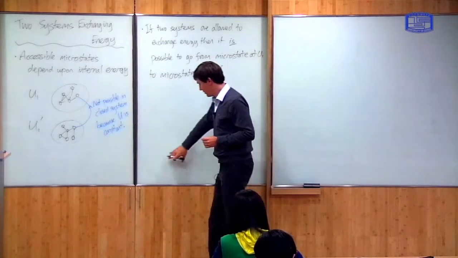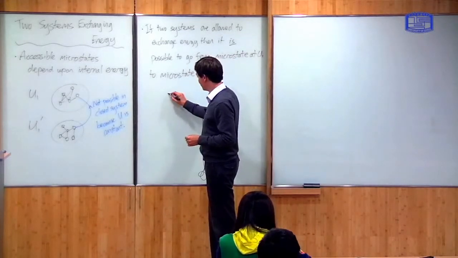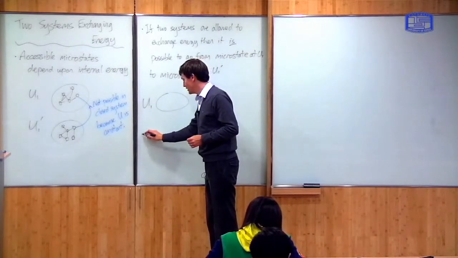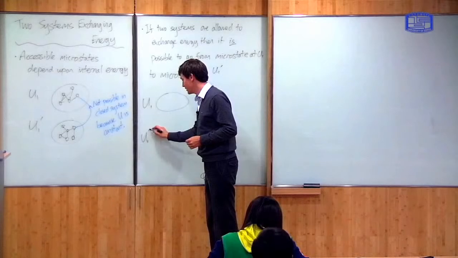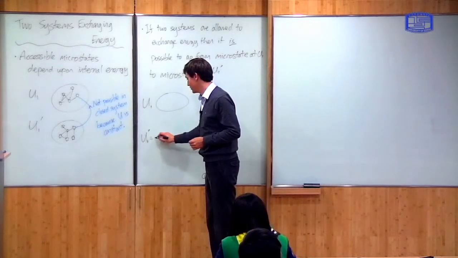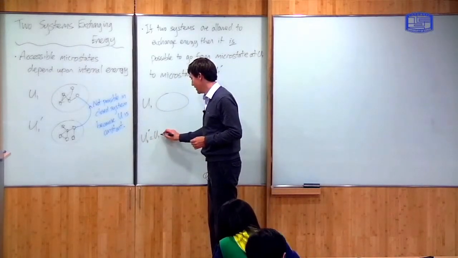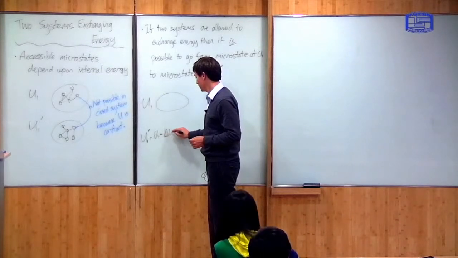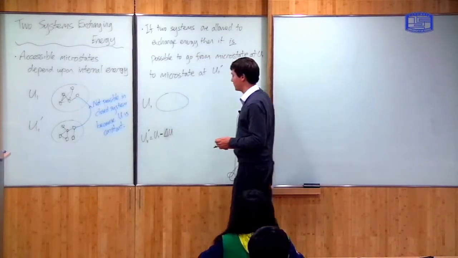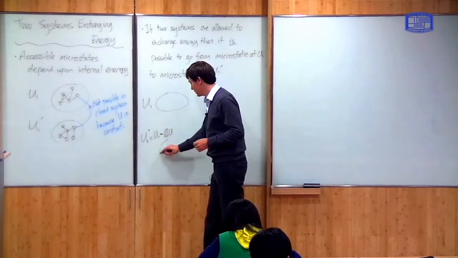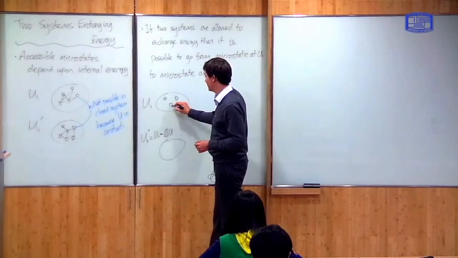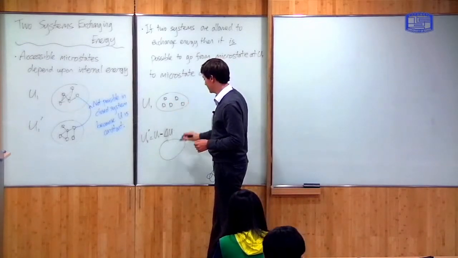Okay, and it's straightforward to draw a picture for this. Suppose that here's my original thing, it's energy U1, and here I've got energy U1 prime, and let's say that this is equal to U1 minus a certain amount of energy, so minus delta U. So this is again my first system, and within here I've got some microstates I can scatter between them and so on.